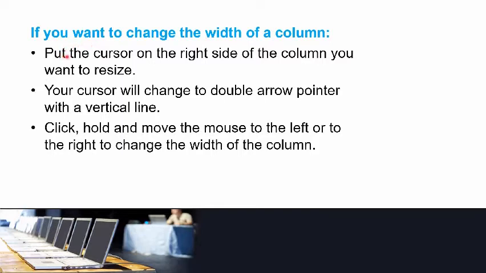Put the cursor on the right side of the column you want to resize. Your cursor will change to a double arrow pointer with a vertical line. Click, hold and move the mouse to the left or to the right to change the width of the column.